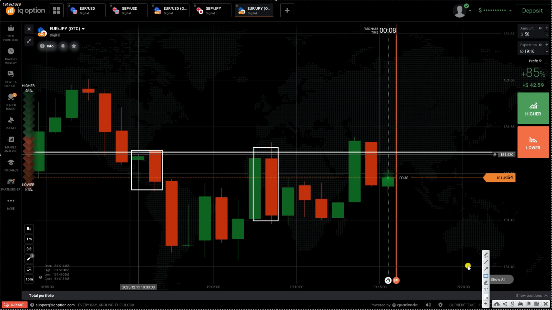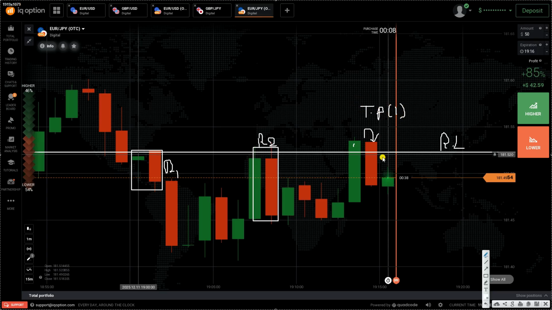While capturing resistance 1, R1, under R2, we draw a resistance line, which we call RL. Now we have to place the trade at the break of a green candle, in a downward direction. So here we can take the put option for 1 minute.